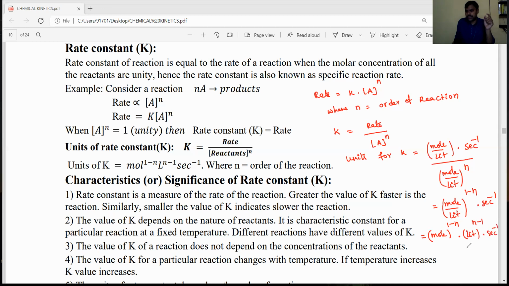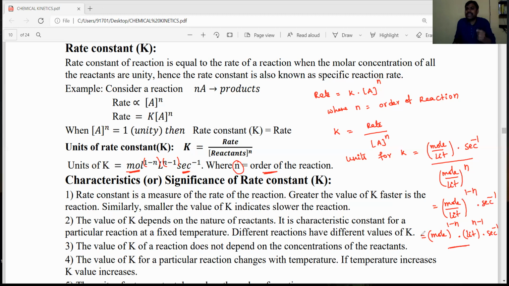These are the units, where n is called order. So the units for K are mole to the power of 1 minus n and liter to the power of n minus 1, second inverse, where n is called order of the reaction.